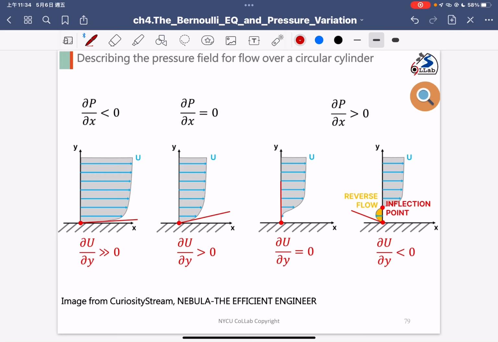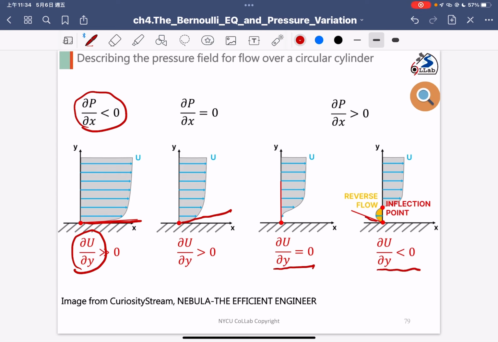The first one, you can see if the pressure gradient is smaller than 0, that indicates at this point the fluid particle is accelerating. So you see du/dy is larger than 0, indicating the gradient here is large. Then there is a gentle gradient for the velocity du/dy, and here the gradient is equal to 0, but here the gradient is smaller than 0.